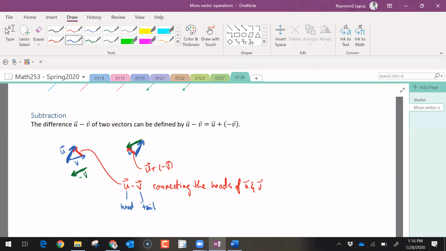All right, if we summarize all this, or at least the addition and subtraction, there's a neat result that happens.